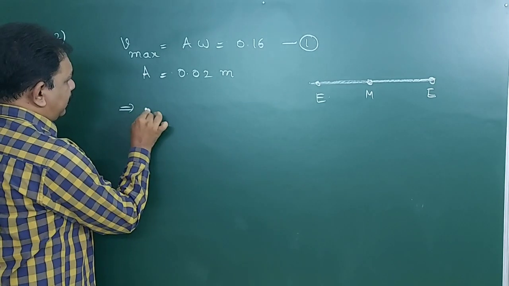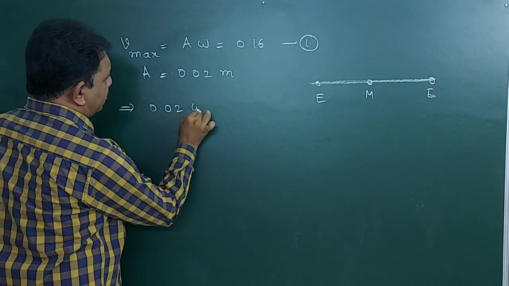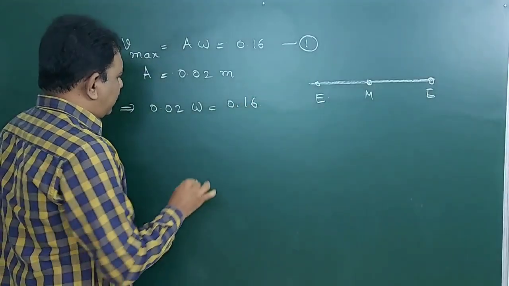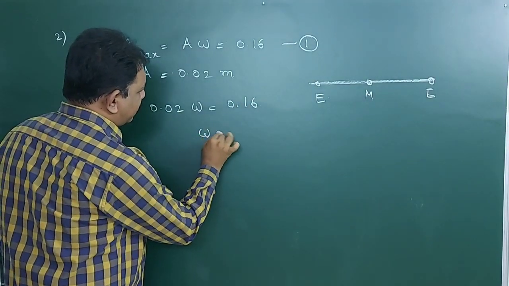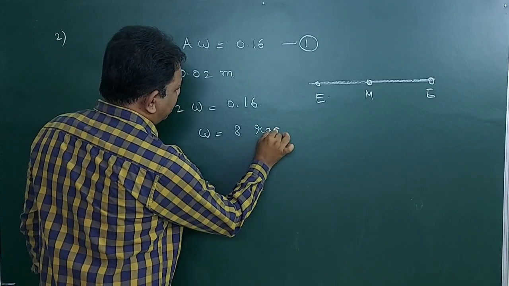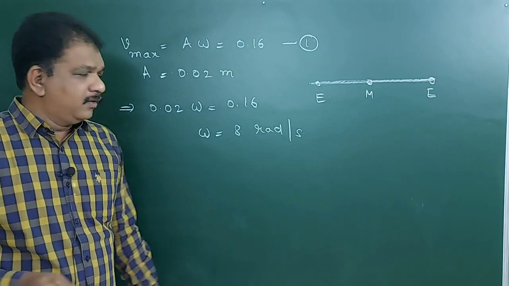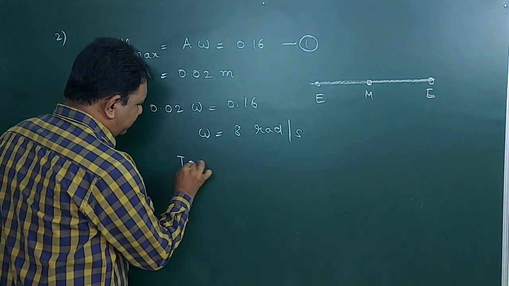So that implies 0.02ω = 0.16. So this value, 8 radian per second, is the omega value. Calculate the time period.